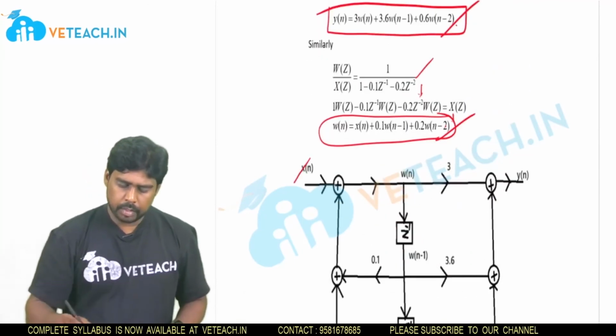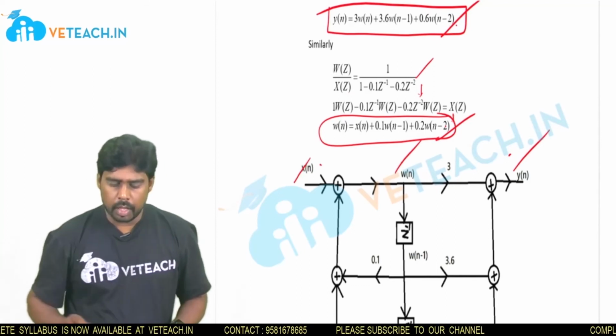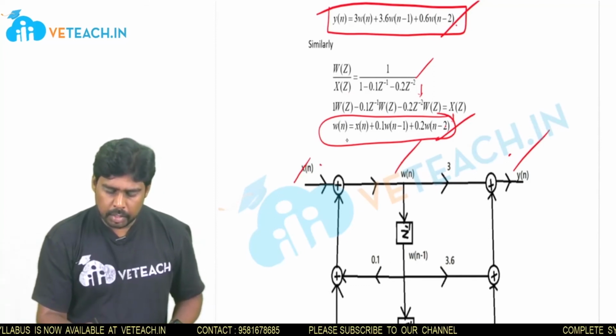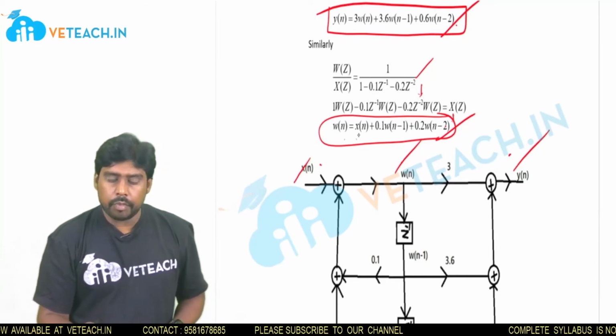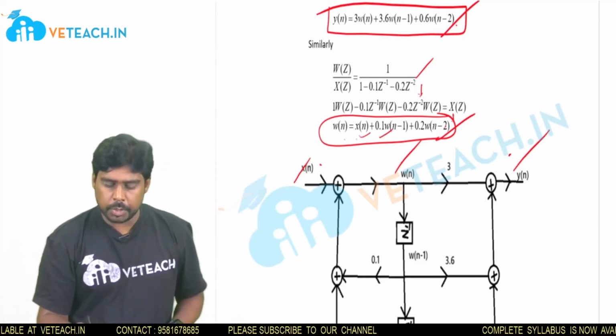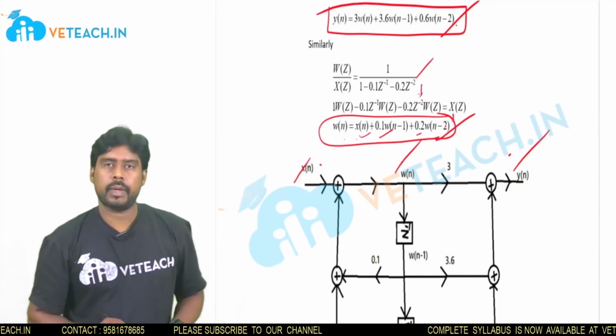This is x of n, w of n, y of n. See the first statement, the relation between w of n and x of n: w of n equal to x of n plus 0.1 w of n minus 1 plus 0.2 w of n minus 2.